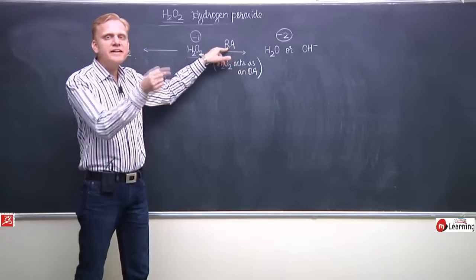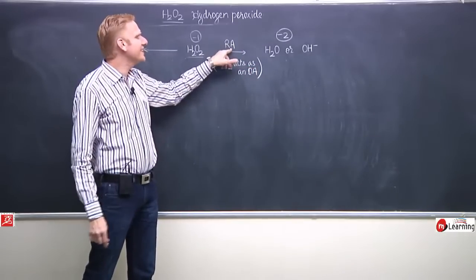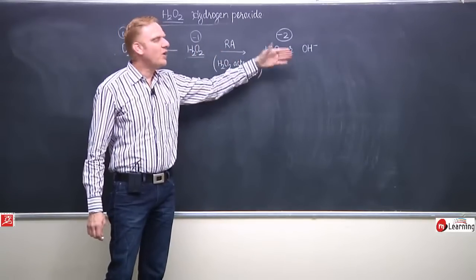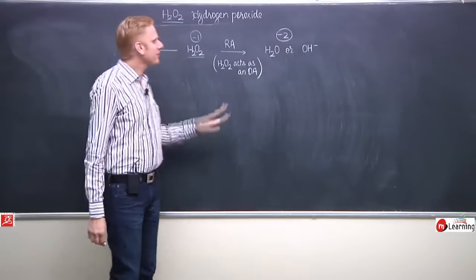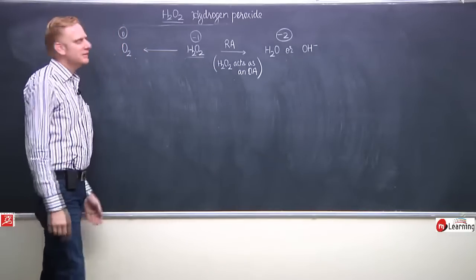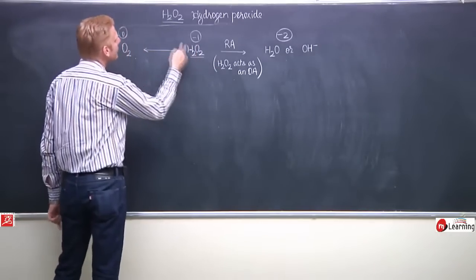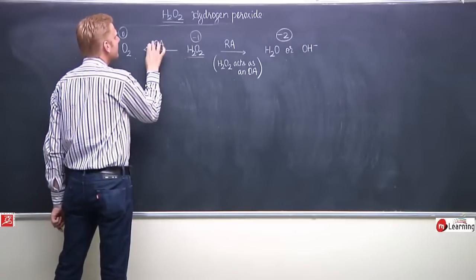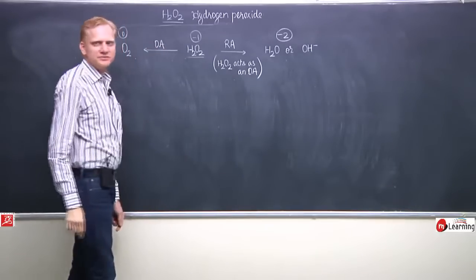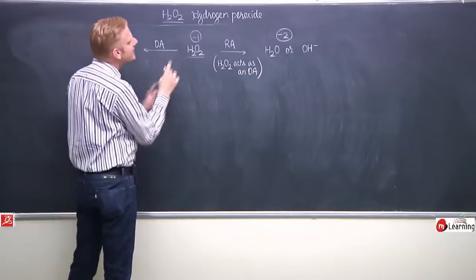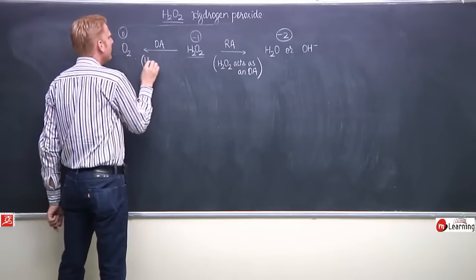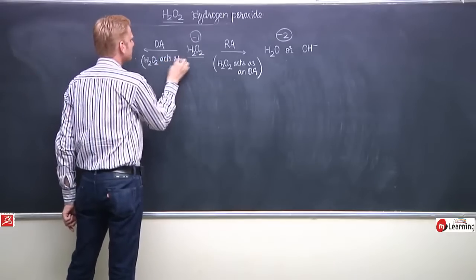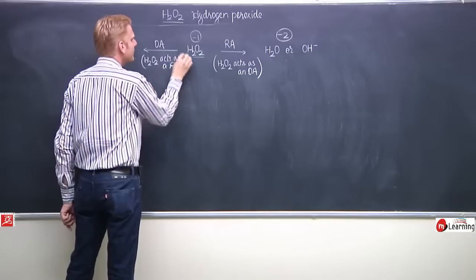It oxidizes the reducing agent, and the reducing agent is reducing hydrogen peroxide into water or some hydroxide compound. Come to this part. To convert oxygen from -1 state to 0, what do we need? The reaction with some oxidizing agent. If some oxidizing agent is reacting with H2O2, then the nature of H2O2 will be taken as a reducing agent.